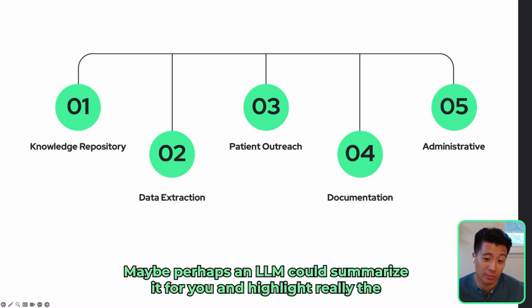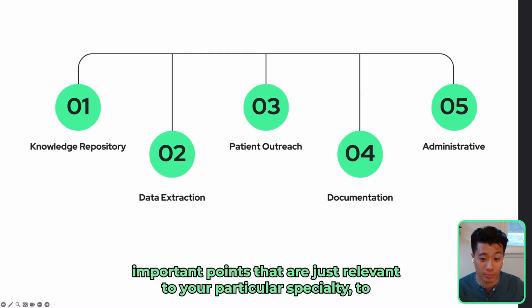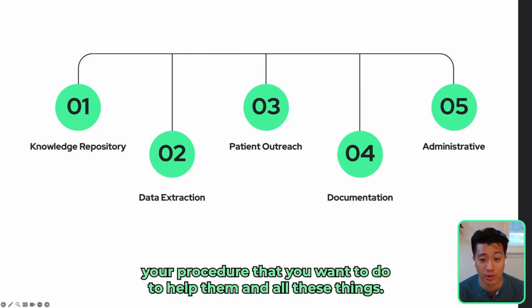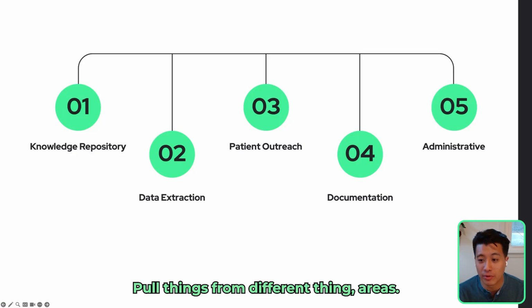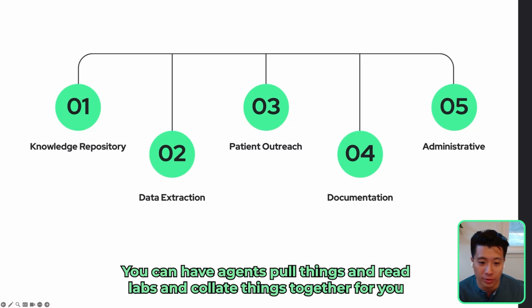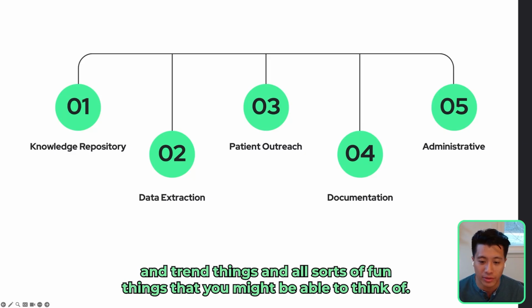Perhaps an LLM could summarize it for you and highlight the important points that are relevant to your particular specialty, to your procedure that you want to do to help them. And all these things pull from different areas. You can have agents pull things and read labs and collate things together for you and trend things and all sorts of fun things that you might be able to think of.